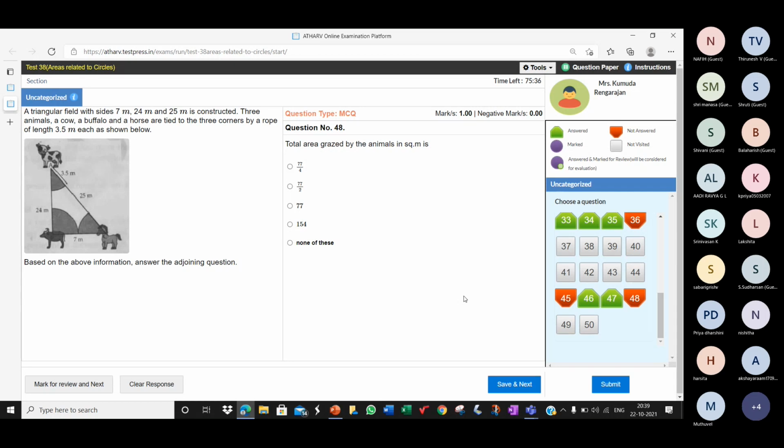But ours was a scalene triangle. Remember, we found the area using Heron's formula. Yes, total area grazed by the animals.